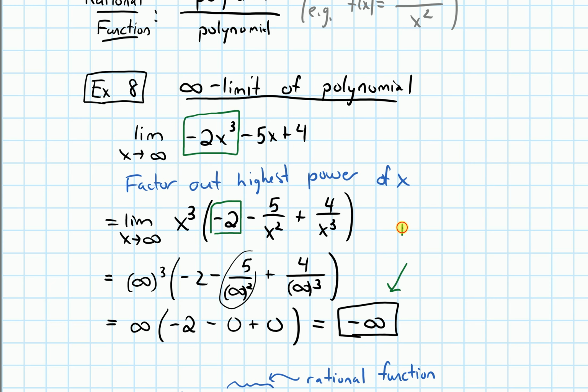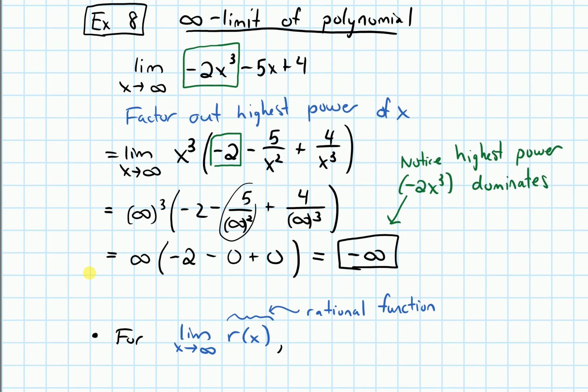So notice that the highest power, which in this case is negative 2x cubed, dominates the growth. In fact, even if I had just ignored the other terms, the minus 5x and the plus 4, we actually would have gotten the exact same limit. That's true in general when we have polynomials, and also, as we'll see when we talk about rational functions right after this.